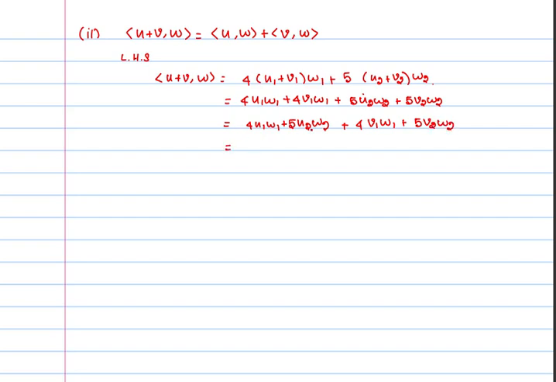This is the inner product of U comma W plus the inner product of V comma W. So the second axiom is satisfied.